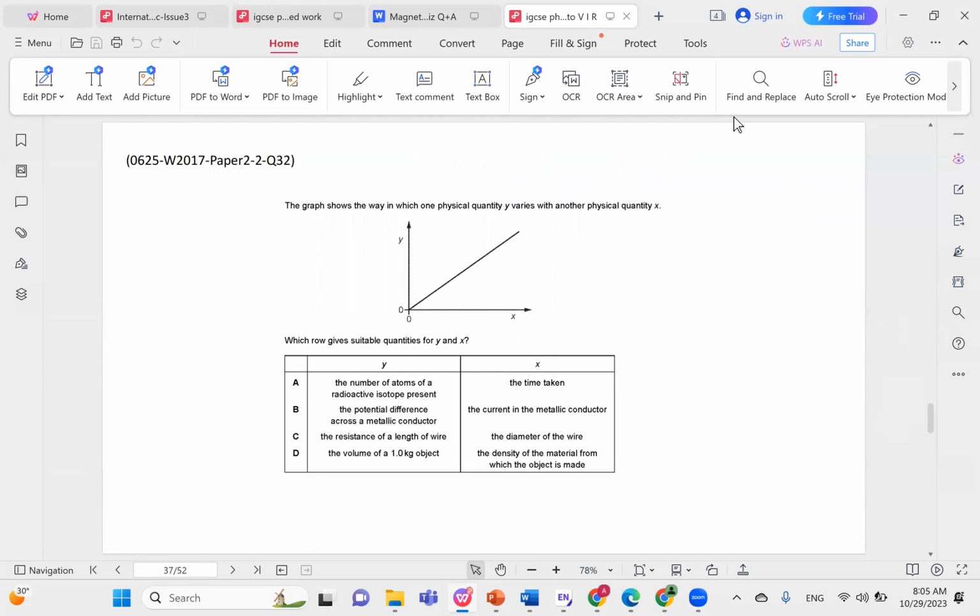We already know that in a metallic conductor, Ohm's law is followed, and this is what the graph looks like. So B is the correct choice. C and D are not really relevant to this particular video, but they are incorrect. So here we're just testing that you know that the graph of V equals IR across a metallic conductor looks like a straight line, and B would be the correct choice.